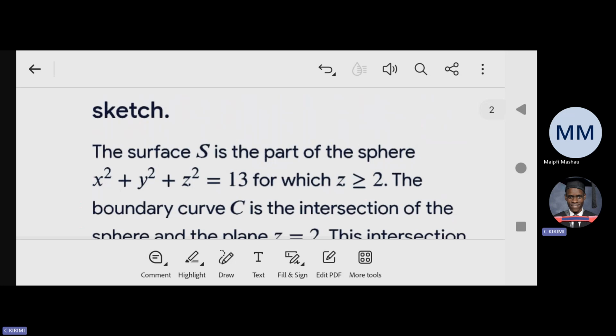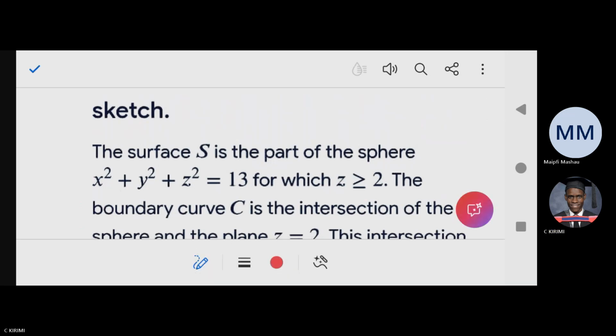So the equation that we are given is the equation of a what? This is the equation of a? A sphere. Yes. For r squared, it was a circle, isn't it? Yes.